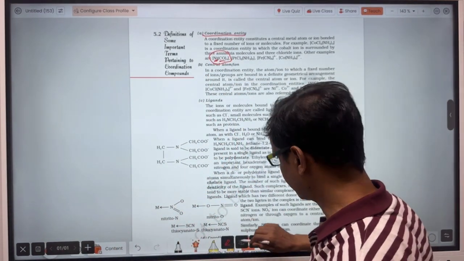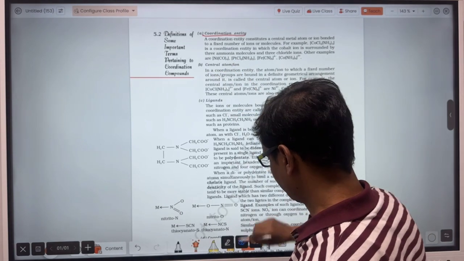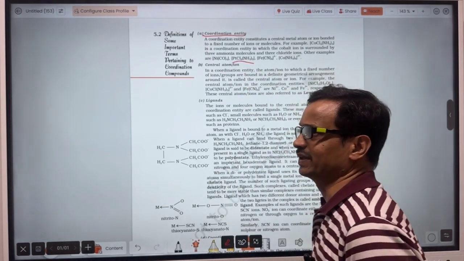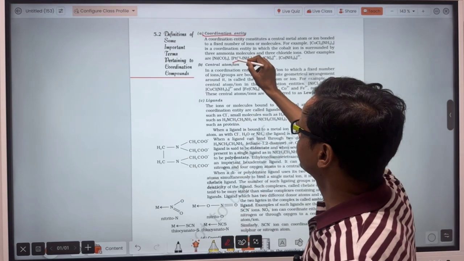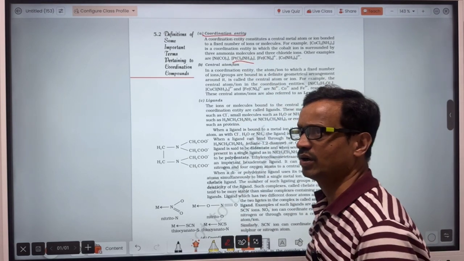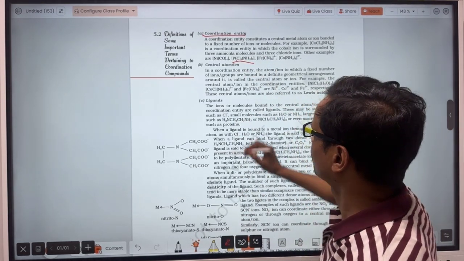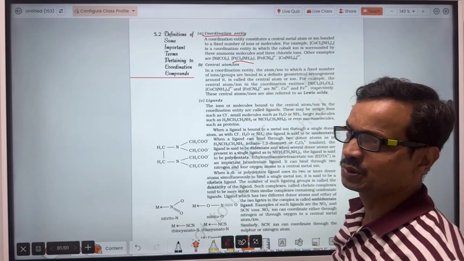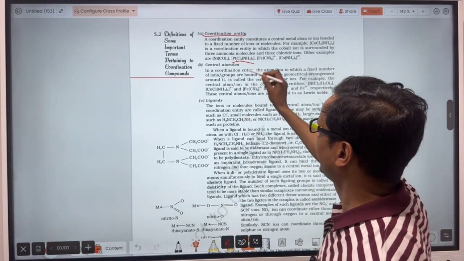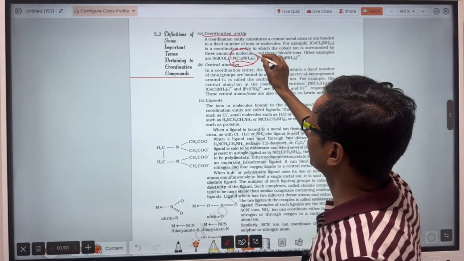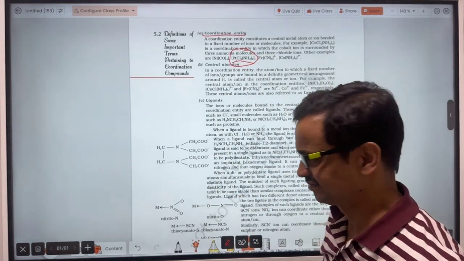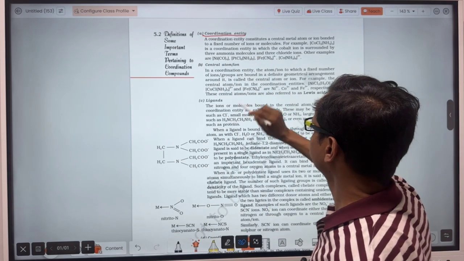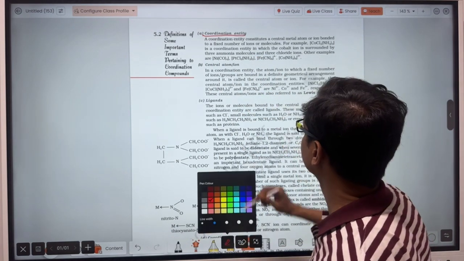In the same case, in this compound, [Pt(Cl)2(NH3)2], platinum is the central atom or ion, chloride ion is the ligand, ammonia molecule is the ligand, and as a whole it is a coordination entity. Same here in another example, [Fe(CN)6]4-.